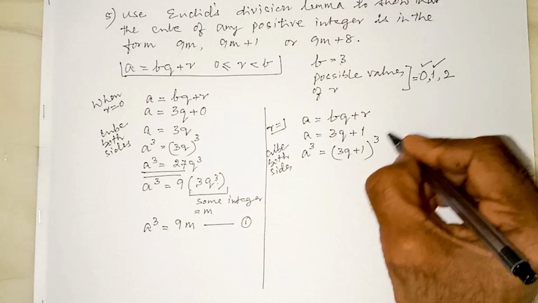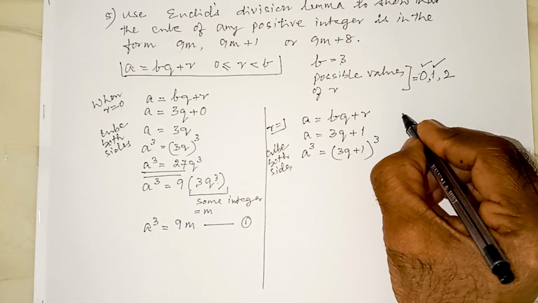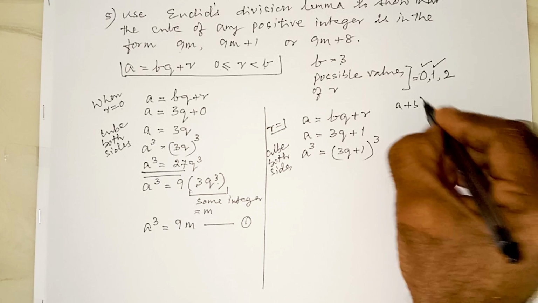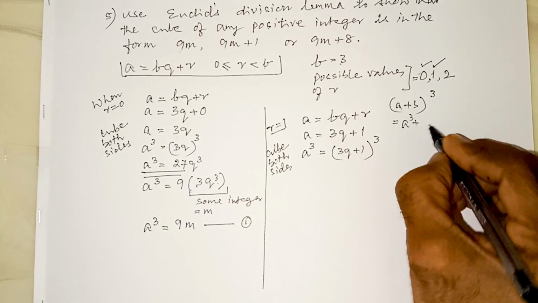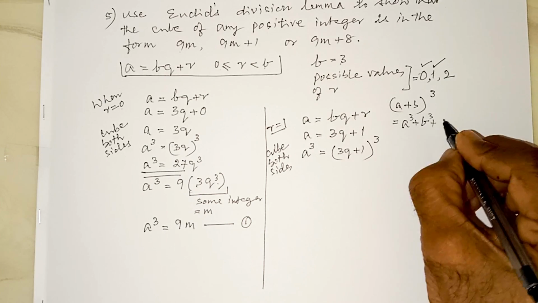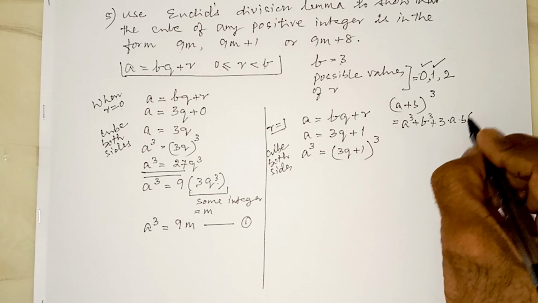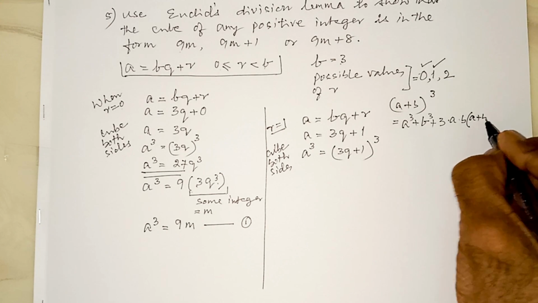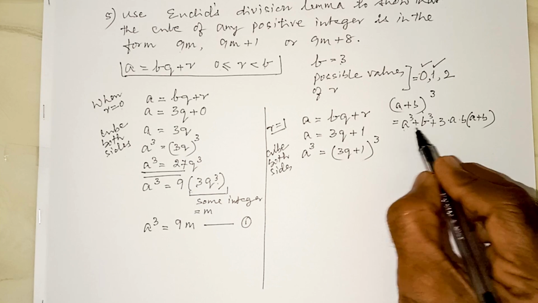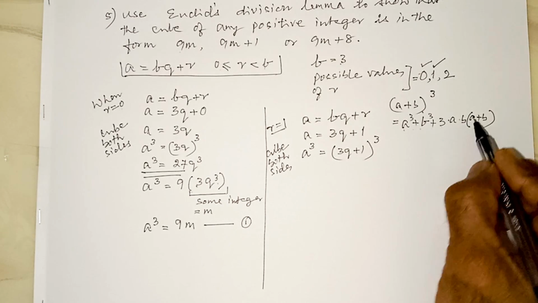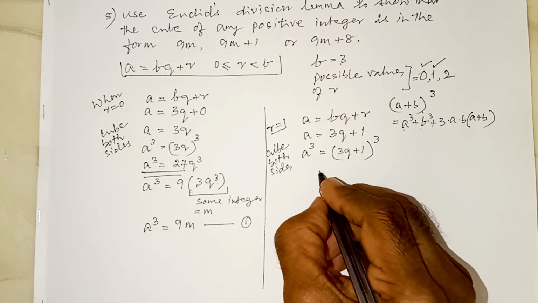I was telling you there is an identity which we have to use here. The identity is a plus b whole cube, which is a cube plus b cube plus 3 into a into b into a plus b. This is the identity which we have to use here.